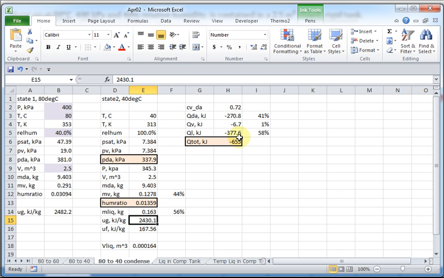And 41% of it is attributed to cooling the air. Cooling the vapor that stays in the vapor state, only 1%, but 58% is associated with condensing the vapor. So going from u_g all the way to u_f.